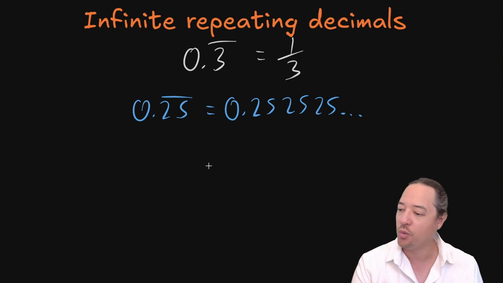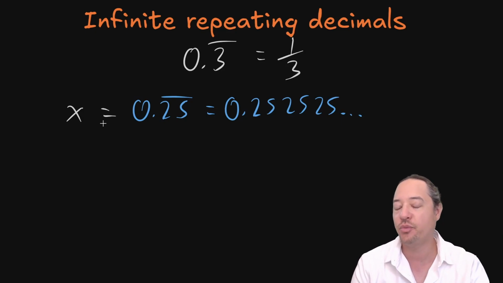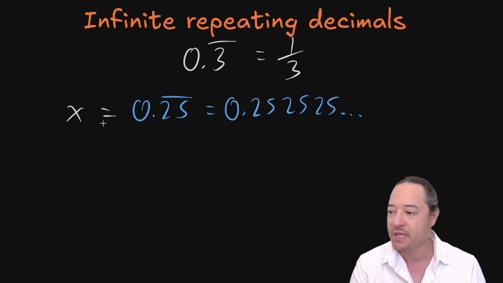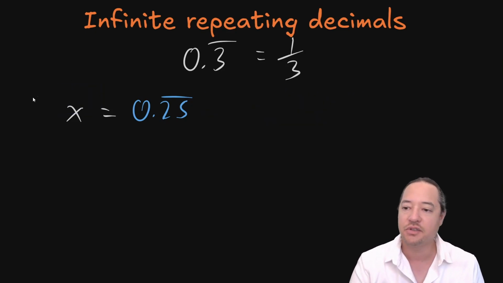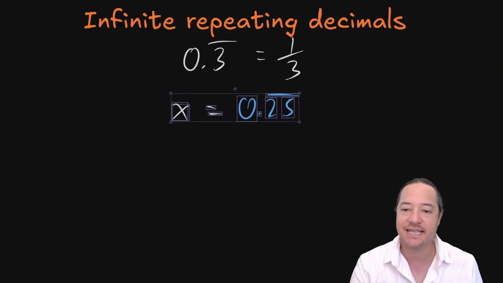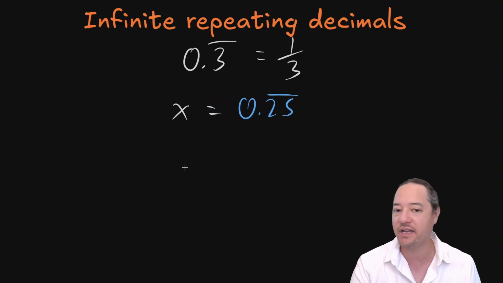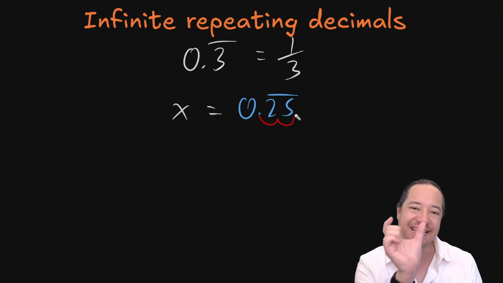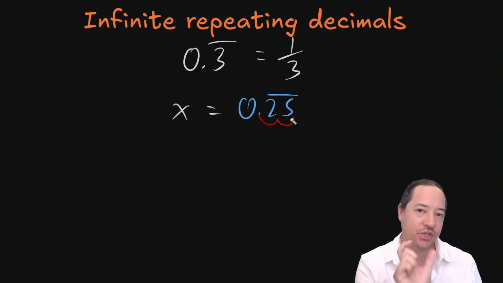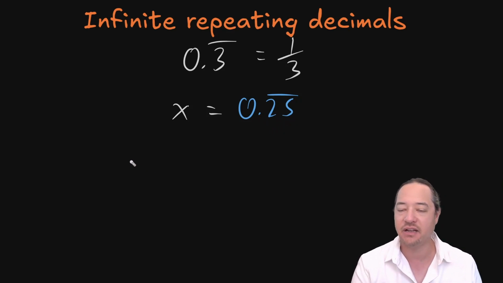So once again, I'm going to say that x is equal to 0.25 repeating. Now what I want to do is capture a single repeating unit to the left-hand side of the decimal point.